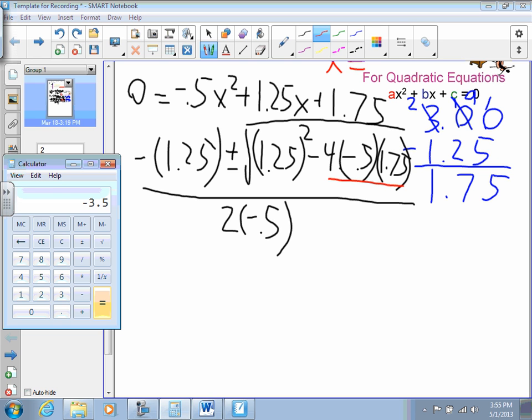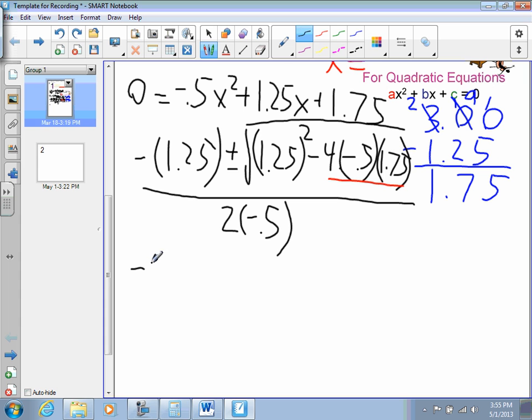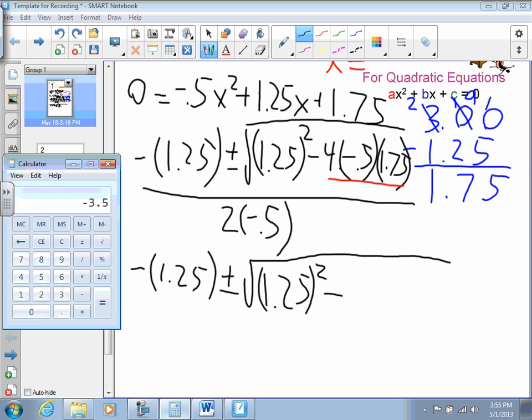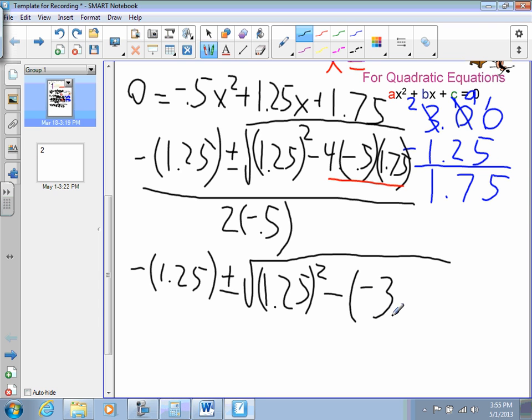So let's go ahead and write what we have now. We have negative 1.25 plus or minus the square root of 1.25 squared minus, and our calculator told us it is a negative 3.5, minus negative 3.5, and that's all over 2 times negative 0.5. 0.5 is 5/10ths, which is 1/2.